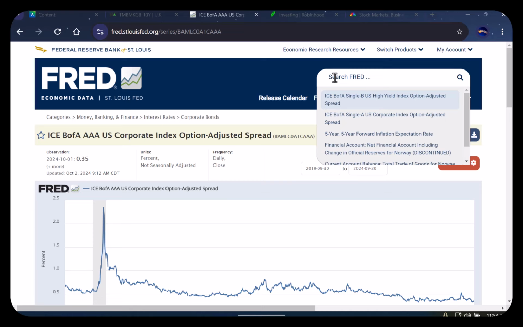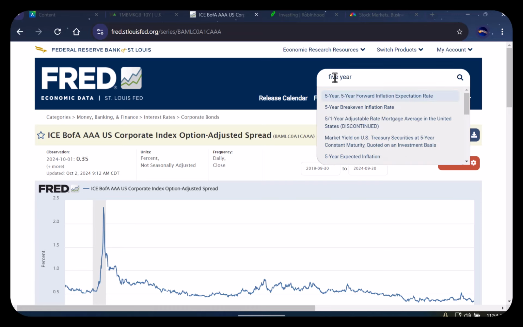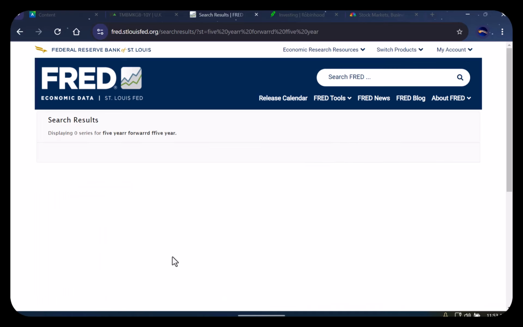So at St. Louis, among other things, I can look at the 5-year forward 5-year inflation.